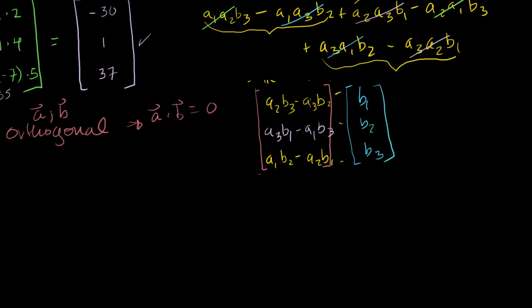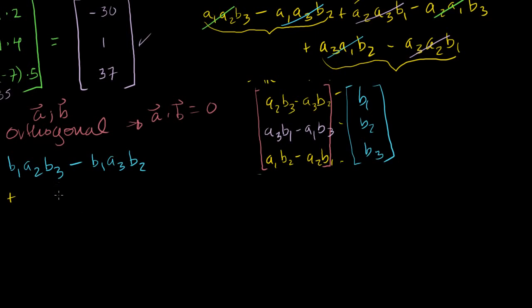So B1 times this whole thing is B1, A2, B3 minus B1, A3, B2. Let me switch colors. And then B2 times this thing is going to be plus. This is all really one expression. I'm just writing it on multiple lines.